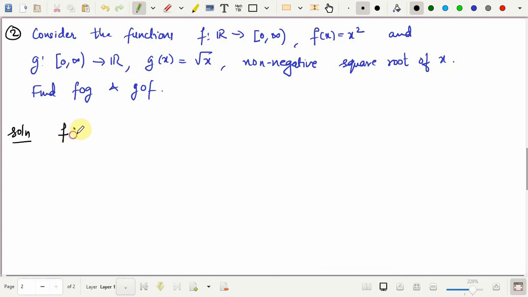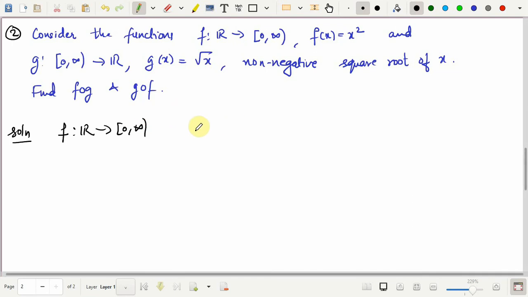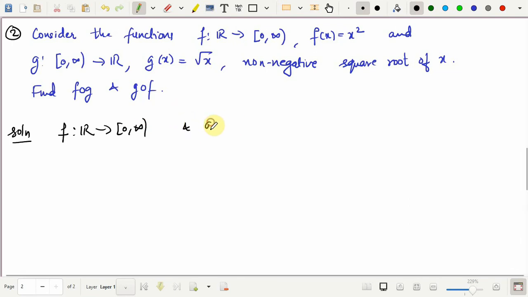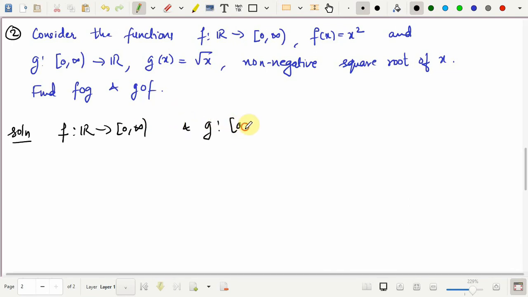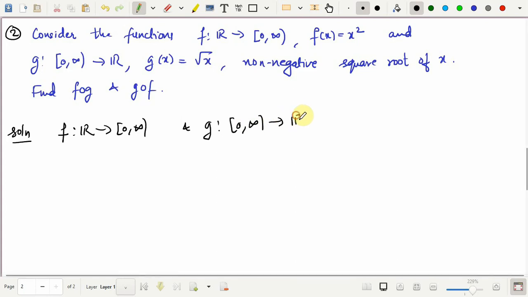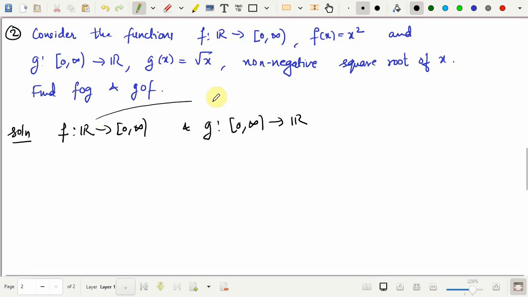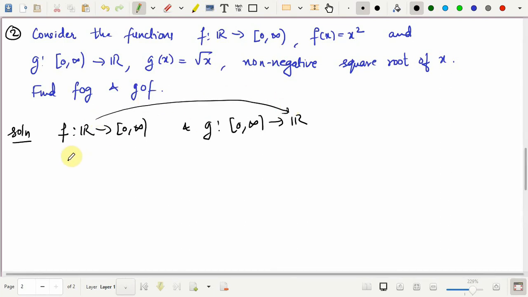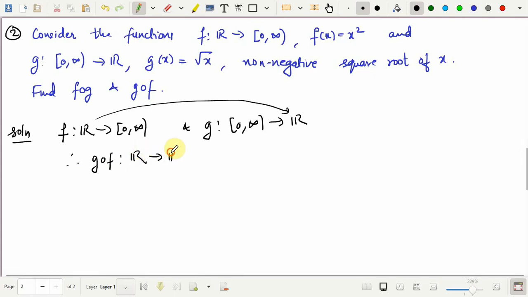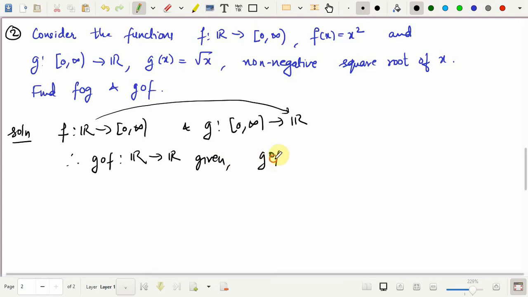So we have f going from R to 0 comma infinity, and g is a function going from 0 comma infinity to R. So definitely we can define g composite f in this case, and it's going to be a function from R to R.